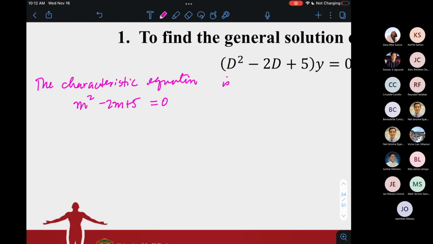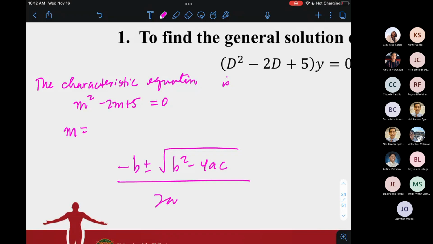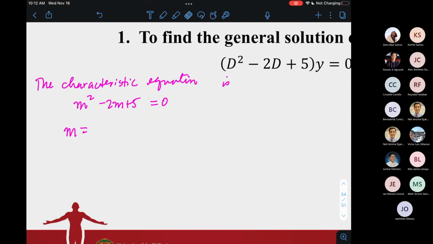Okay? So pag nag-quadratic formula ko rito, remember m equals negative b plus or minus radical b squared minus 4ac all over 2a. Ito yung quadratic formula where a is positive 1, b is negative 2, and c is equal to 5. Okay? So plug mo yan sa quadratic formula.